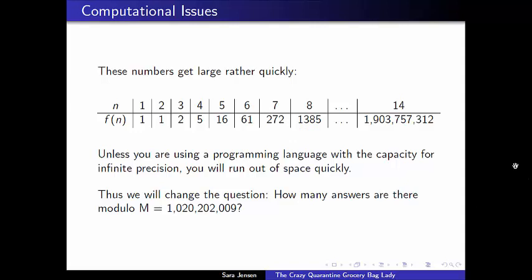And unfortunately, by the time we even get to day 14, we should be looking at approximately 2 billion possible configurations. And so unless you're using something like Mathematica that has infinite precision, you are going to run out of storage space in the values that you're using. So that's going to be an issue in almost any programming language. So let's change the question a little bit.